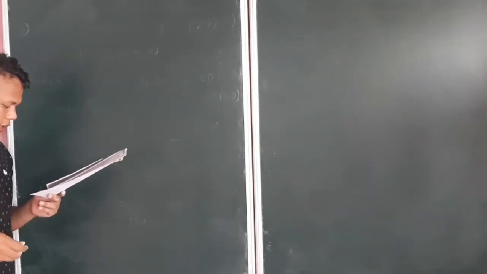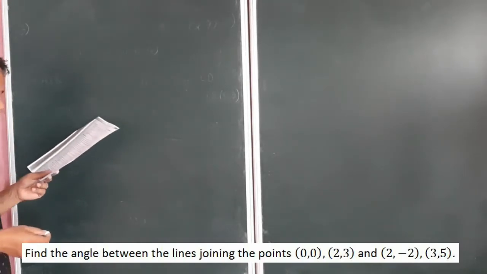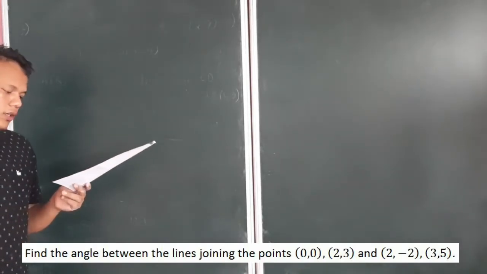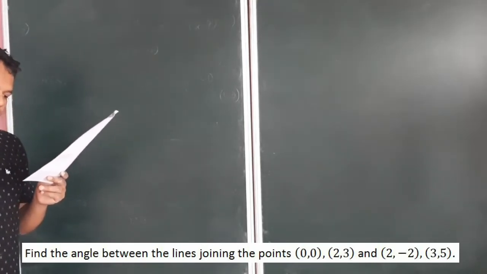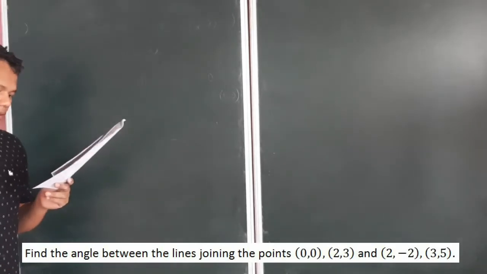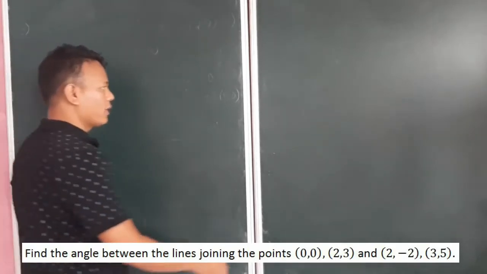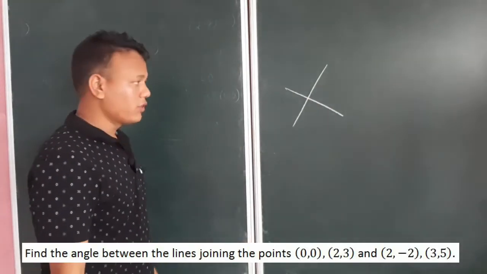Okay, so let me take question number 8 for you. Question 8 says, find the angle between the lines joining (0, 0), (2, 3) and (2, -2), (3, 5). Basically, we have been given two lines and we need to find the angle of intersection between the lines.